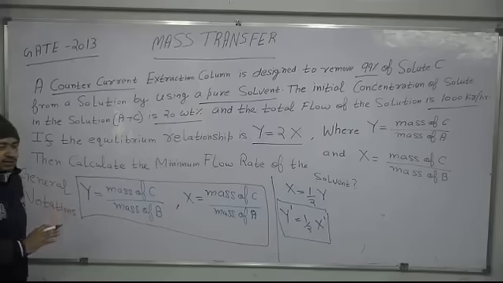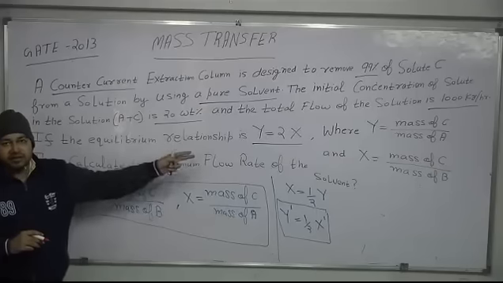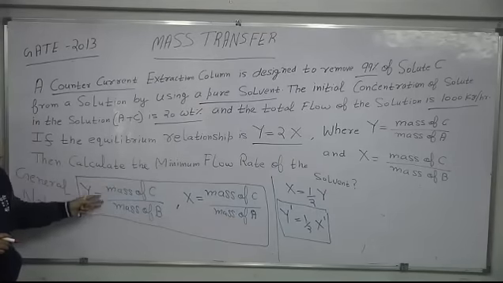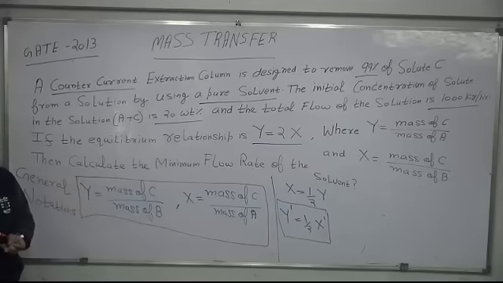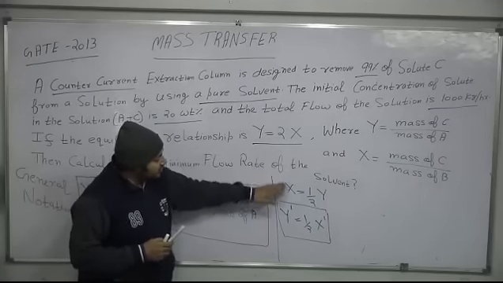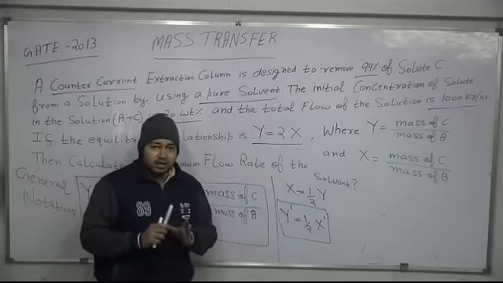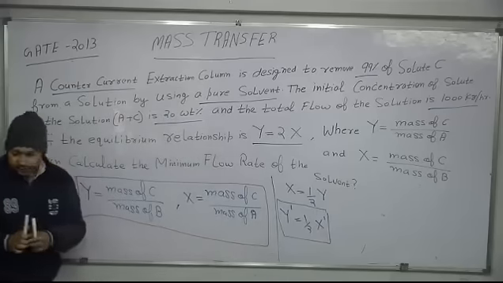General notation means if in the GATE question they haven't mentioned what y and x are, then we will take y and x to be default: mass of C by mass of B as y and mass of C by mass of A as x. So after identifying this twist, which can be written as y dash equals half x dash, now we can solve this question very easily.